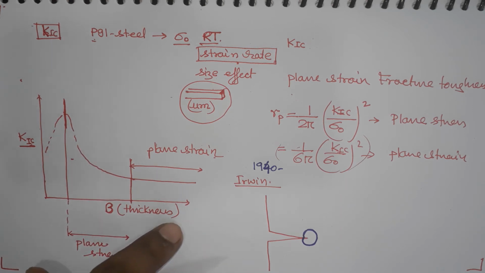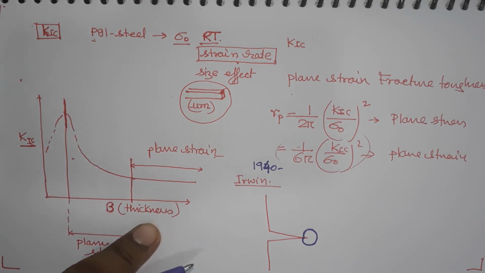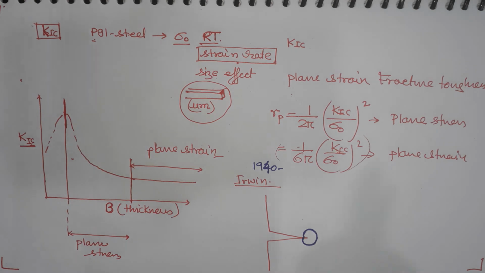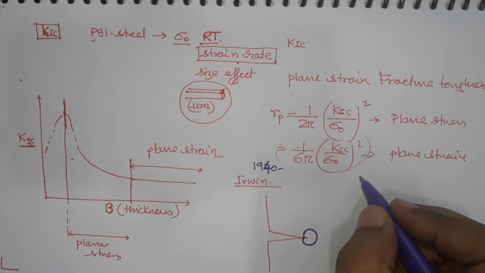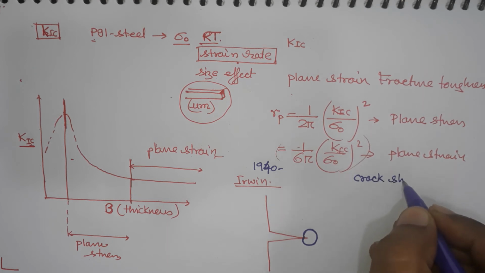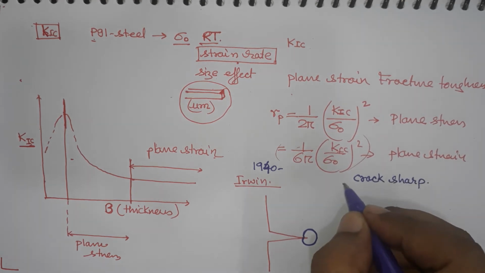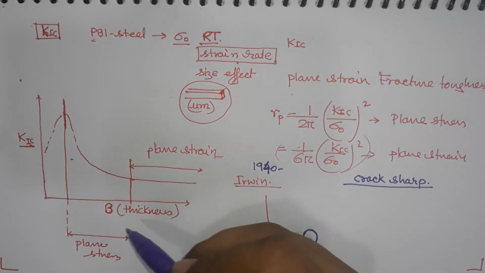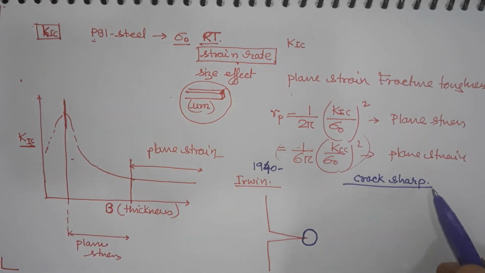So, you should have significant amount of thickness of the specimen. Okay. So, that is our condition. Apart from that, another condition which fracture mechanics puts forward is that the crack has to be sharp, and we will come back to this point, because the calculations by Irwin was done for a sharp crack.